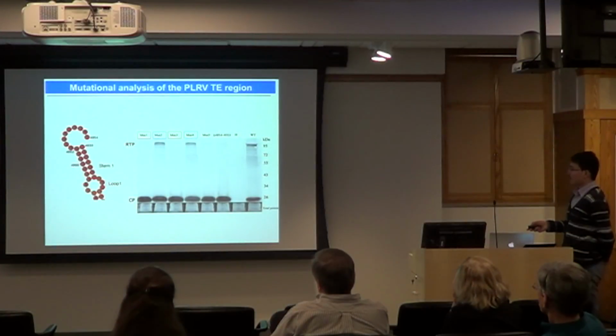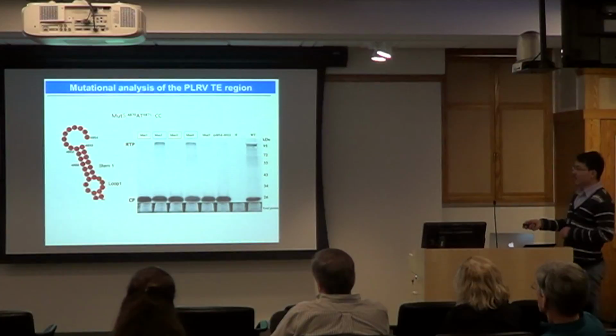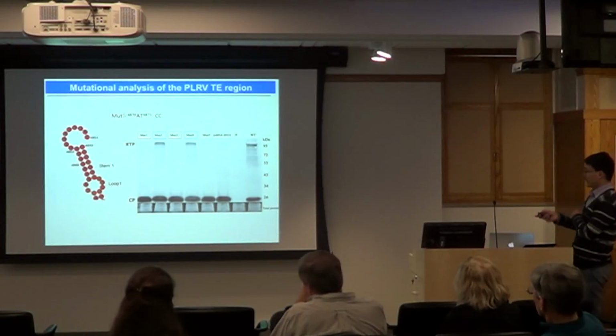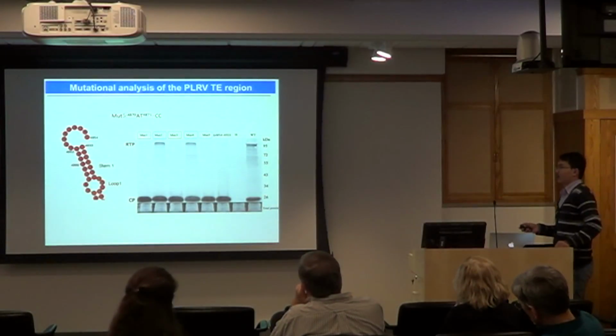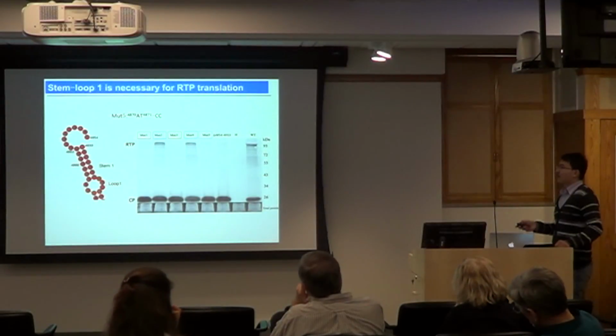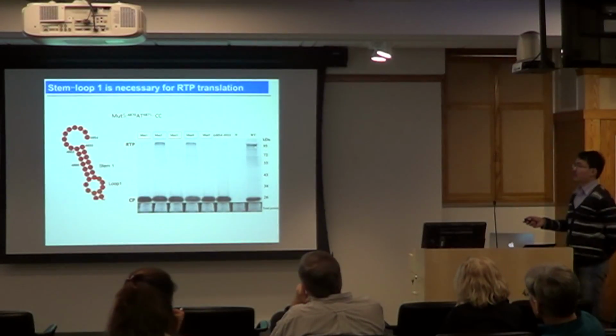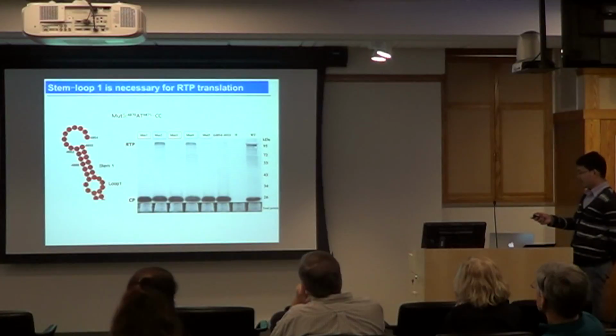Also, we introduced another mutant in which the loop of double loop 1 was closed, and the RTP translation was also impaired. So this suggests that the double loop 1 structure is necessary for RTP translation.